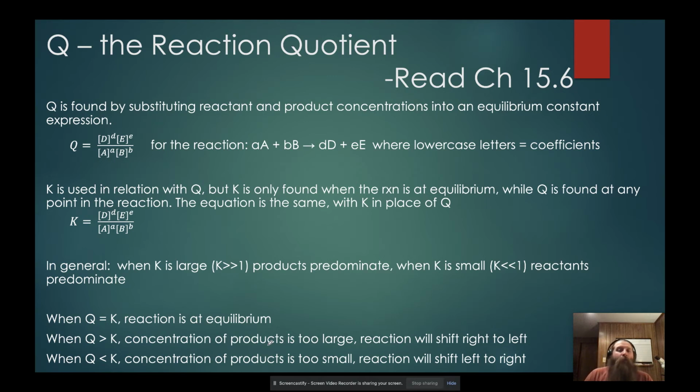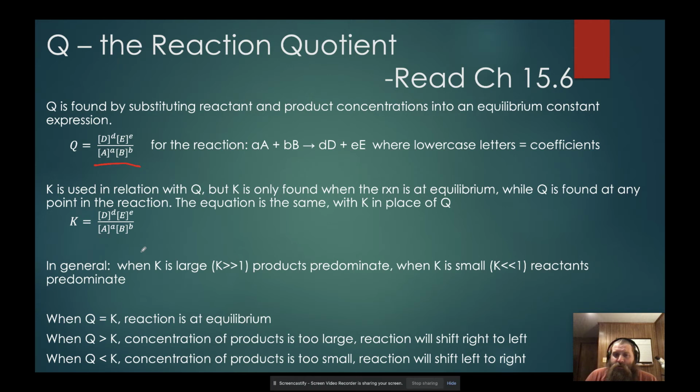So this kind of helps us as we analyze it. Let's look at what this says. It says that Q is found by substituting reactant and product concentrations into an equilibrium constant expression. This is just a fill-in-the-blank kind of recipe. You've got little a's, little b's, little c's, little d's.